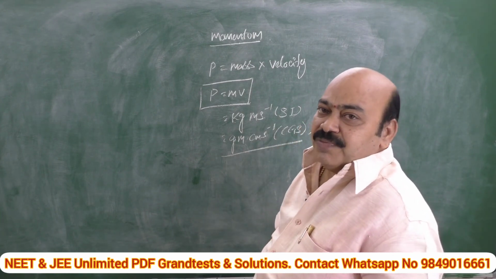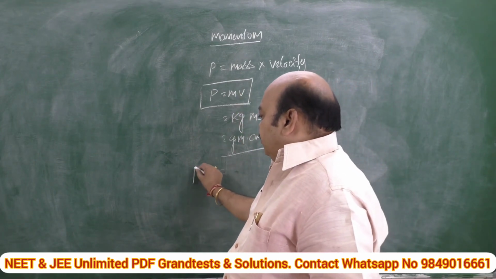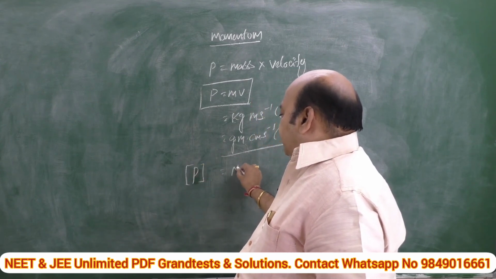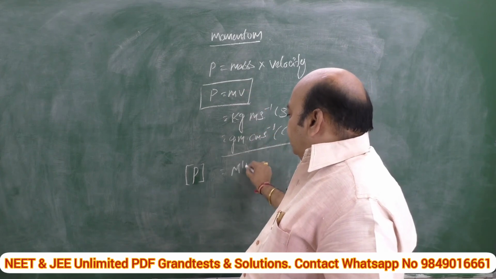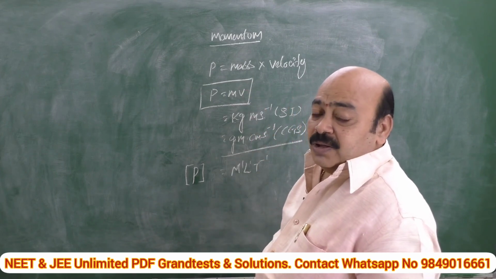What is the dimension formula of momentum? Very simple. For mass, 1 unit mass is there. Velocity L1 T power minus 1. This is the dimensional formula of momentum.